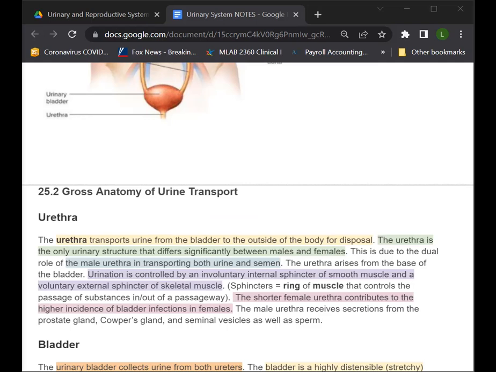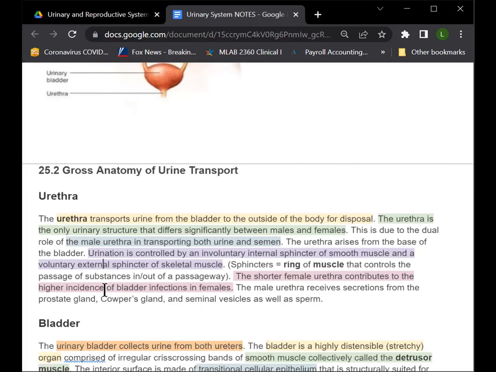Then in both men and women, our urethras have sphincters: a voluntary external urethral sphincter, and then an involuntary internal urethral sphincter.